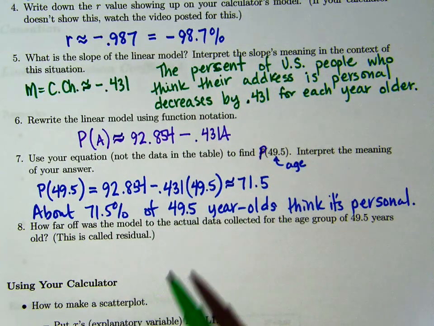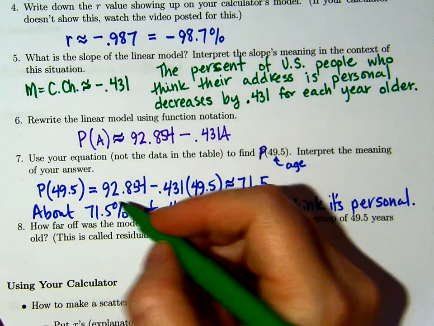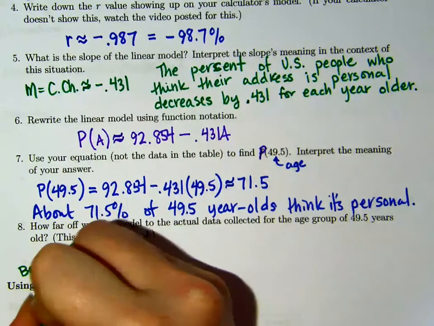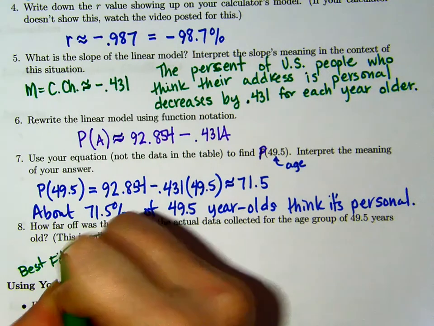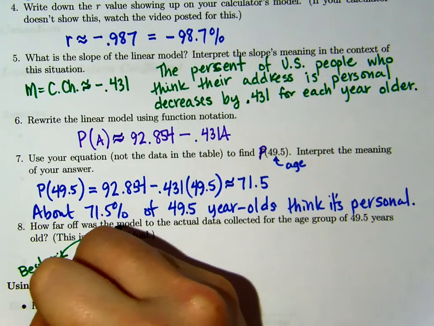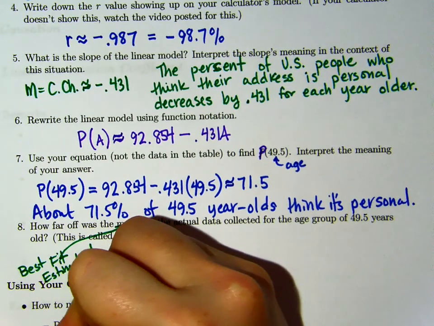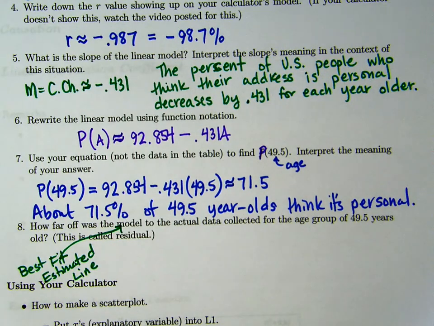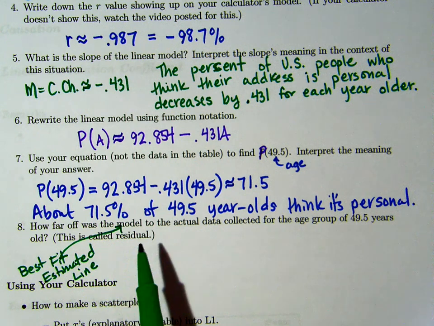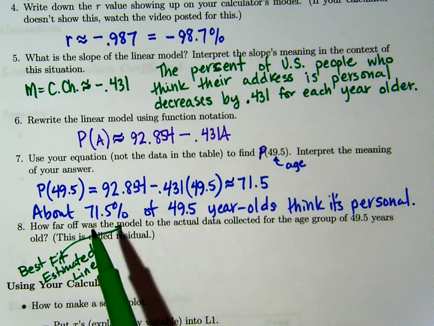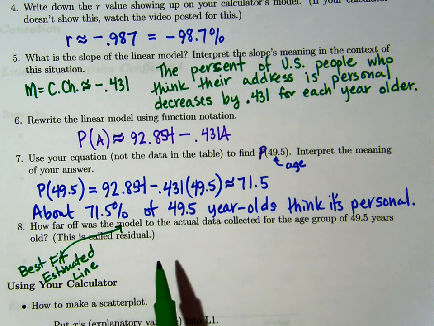So the model means, by the way, best fit estimated line equation, okay? That's what model means. How far off was the model to the actual data collected for that group? Okay, this is called residual.